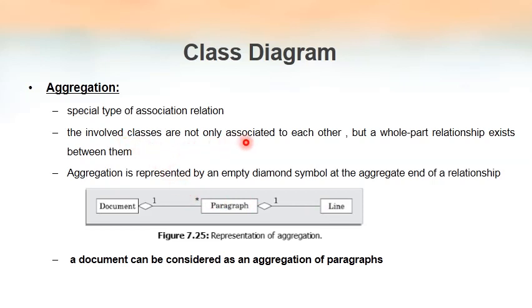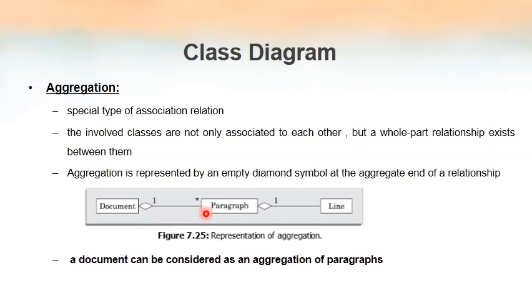We have mentioned the multiplicity here also, located near paragraph. One paragraph can be considered as an aggregation of many lines. Similarly, one document can be considered as an aggregation of many paragraphs. This is how we represent the aggregation relationship between classes.